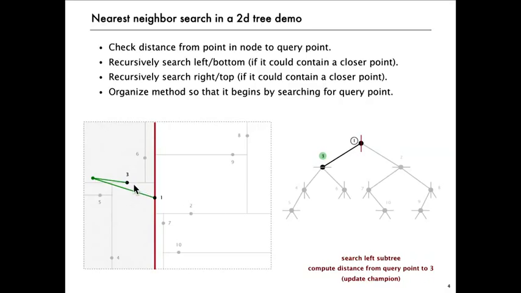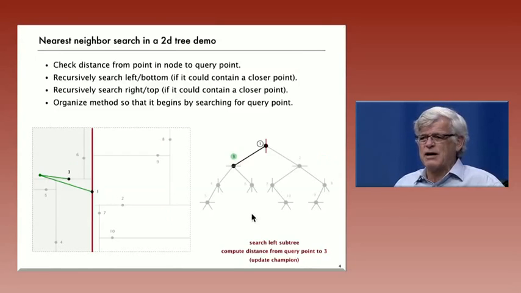Notice already that'll mean when we get back to point 1, we won't search the right subtree, because there could be no point to the right of this splitting line that's closer to the query point than 3. And so that idea of getting closer and closer to the query point is going to cut out different parts of the tree as we process.